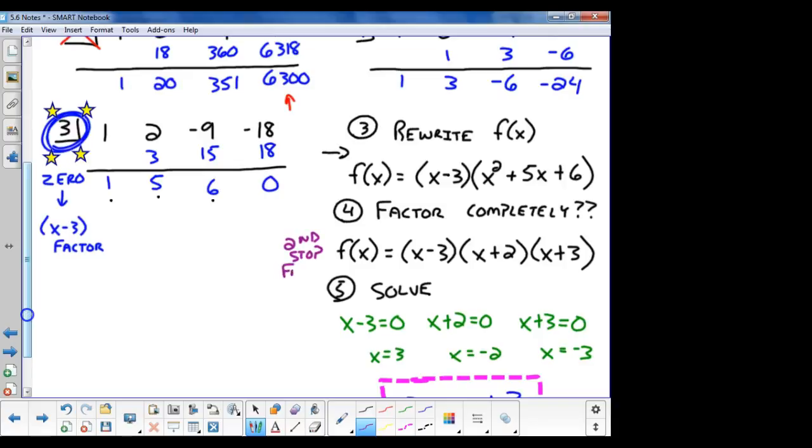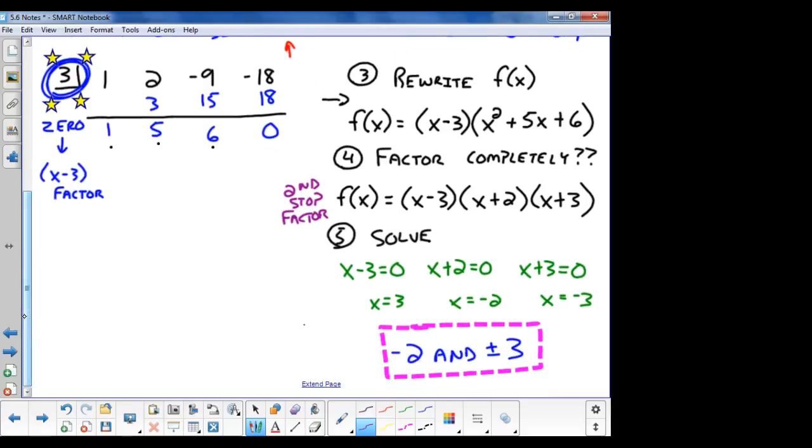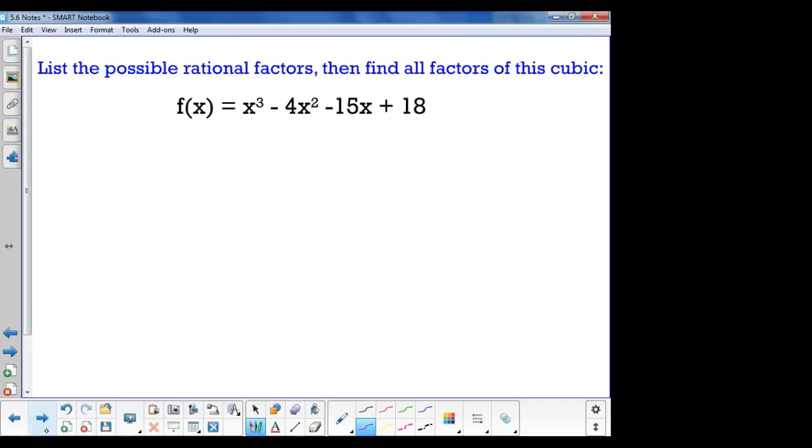That's my factor stop. And then down here is my third stop, which is my zeros stop. So same amount of stops as we had last week. 3 stops on our bus route. Okay? It just is a matter of where you're going. Okay? So, try this one.